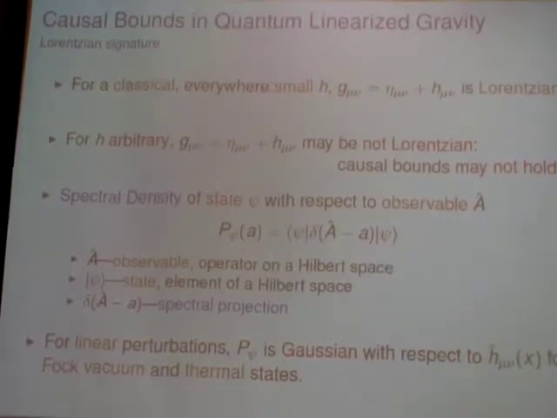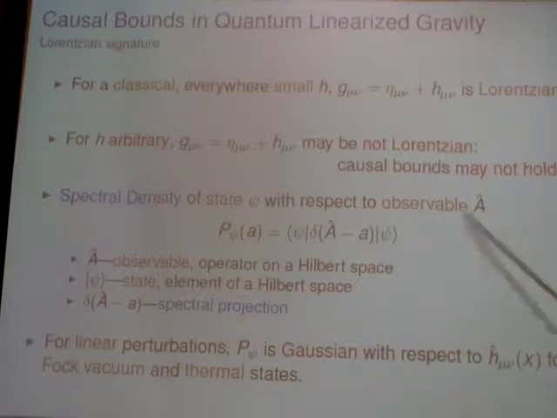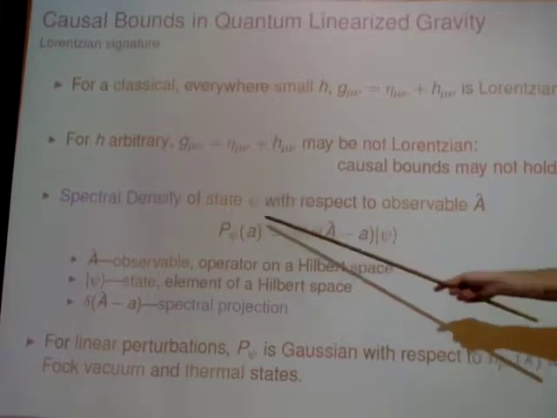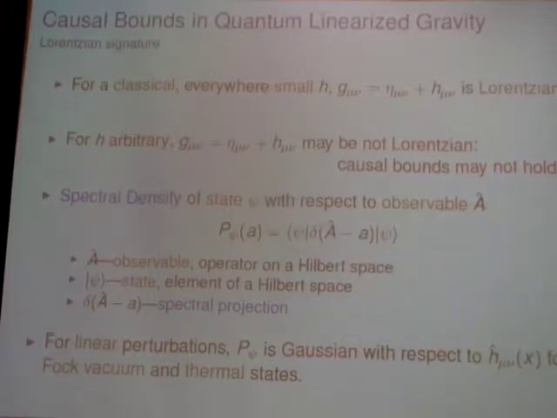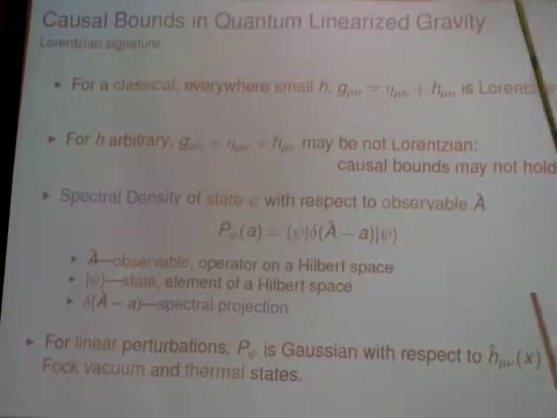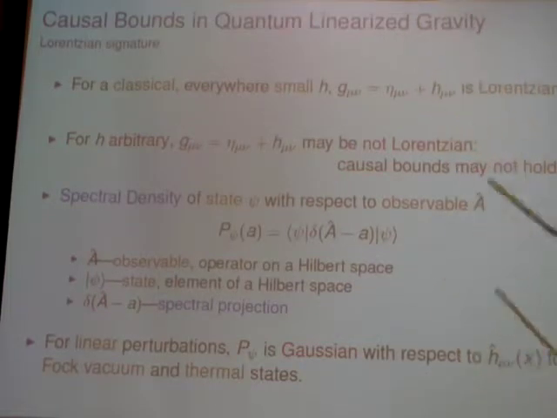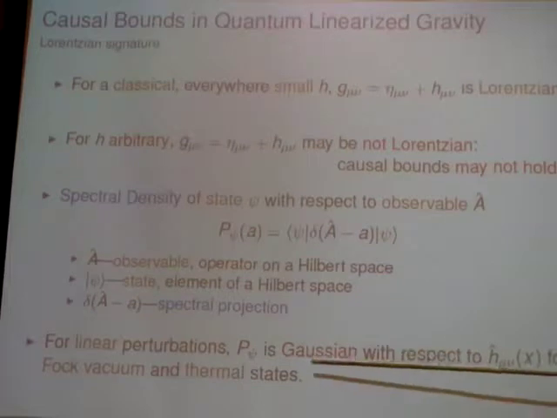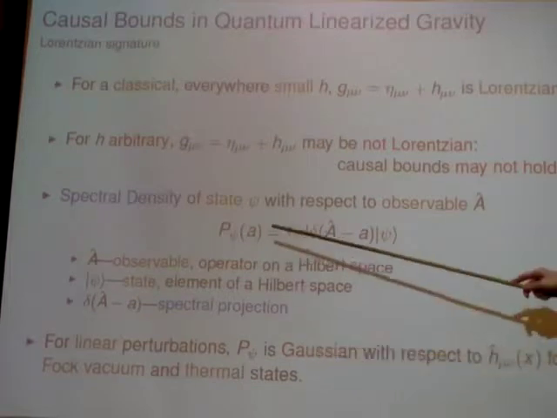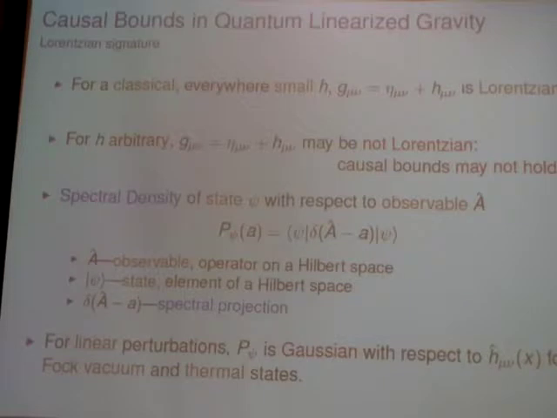And when we're dealing with the Fock state of linearized gravity or any linearized field, and if the observable is a linear combination of the few degrees of freedom, then it's pretty easy to see that the spectral density is going to be Gaussian.